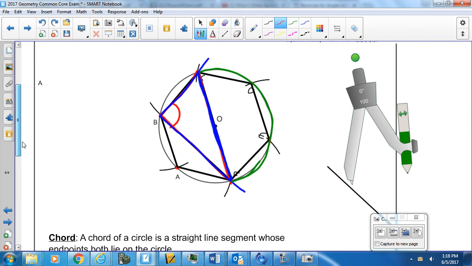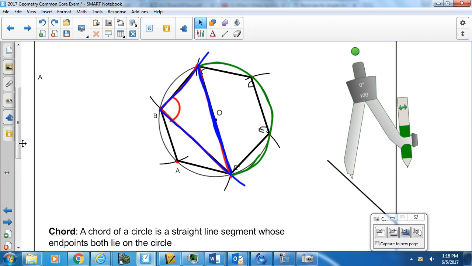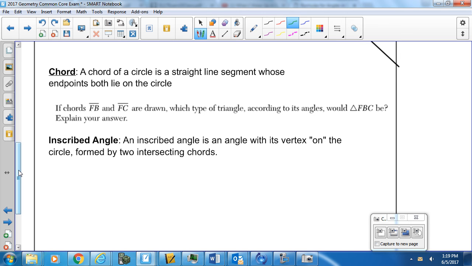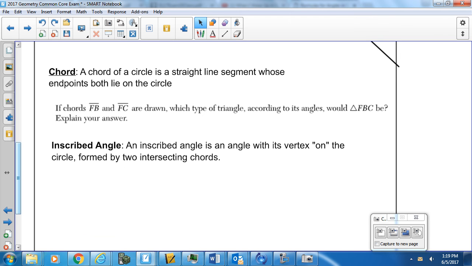Well, let's look at angle B. It intercepts an arc. This green arc is half the circle, so that's 180. Based on our rule we just looked at, that means this must be 90 degrees. That means the triangle FBC is actually a right triangle. All right, so we're going to write that.